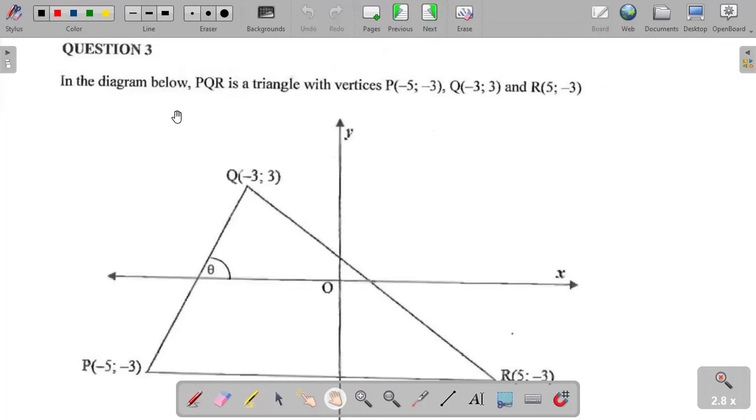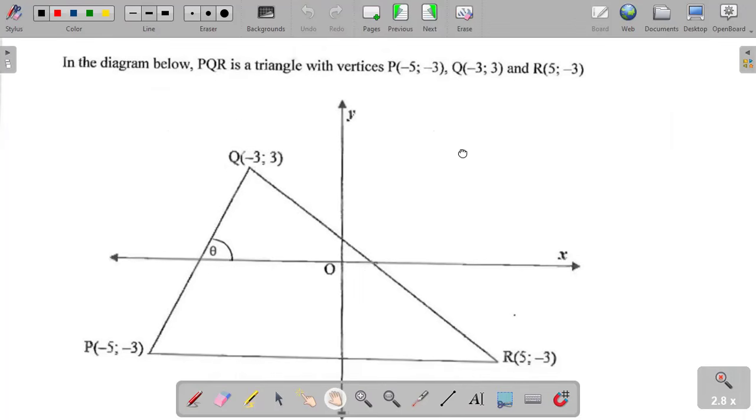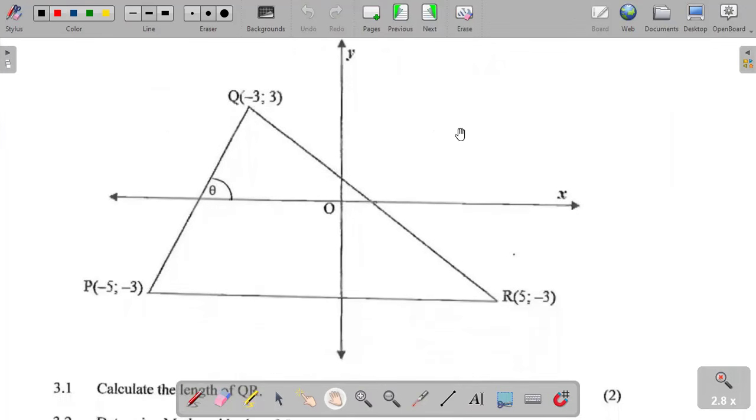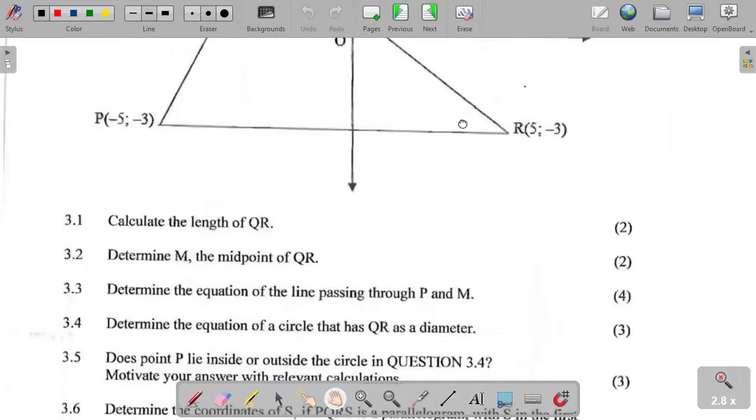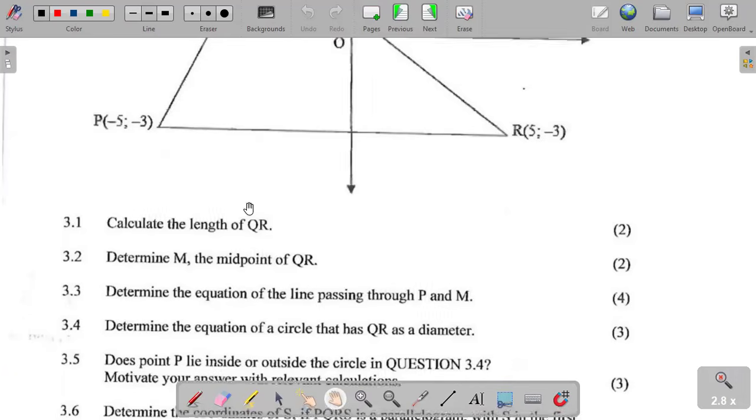Question 3 here, they say in the diagram below, PQR is a triangle with vertices P(-5, -3), Q(-3, 3), and R(5, -3). Now, here they say calculate the length of QR.